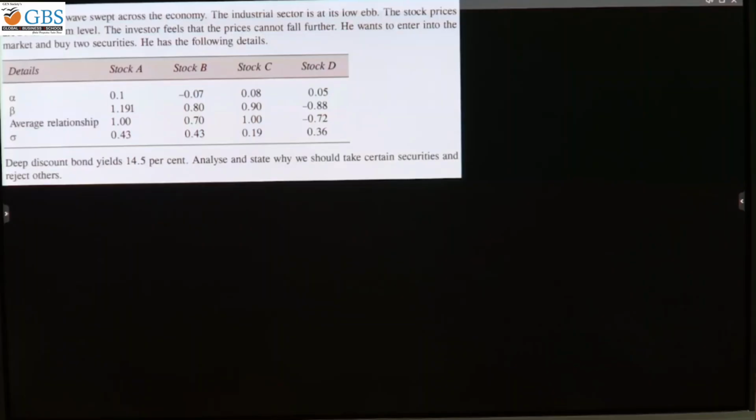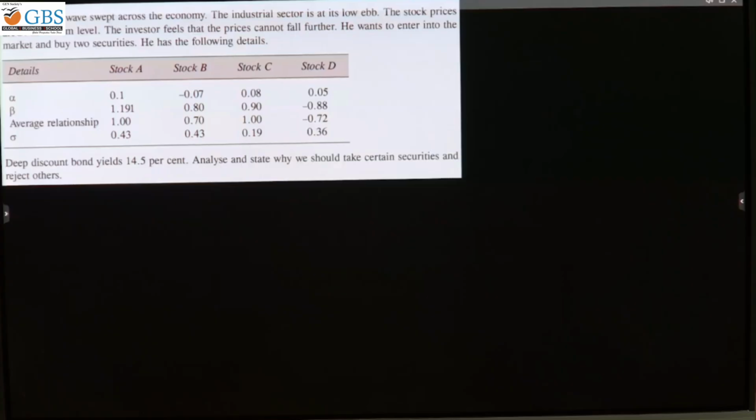Standard deviation measures what? Risk. Beta measures what? Market risk. As per the standard deviation, which one is good? Stock C? Sure, less standard deviation.